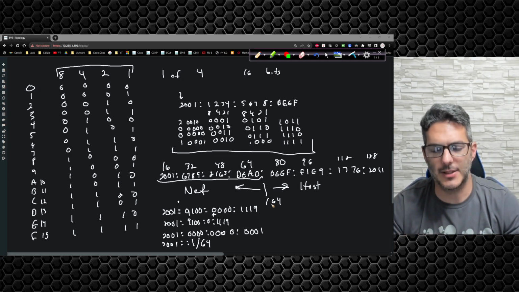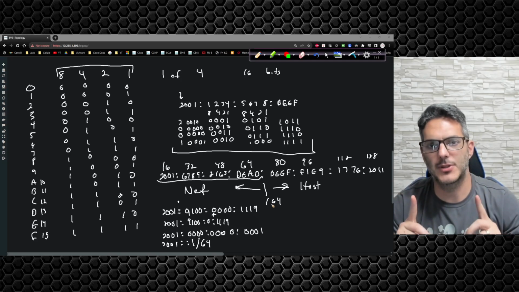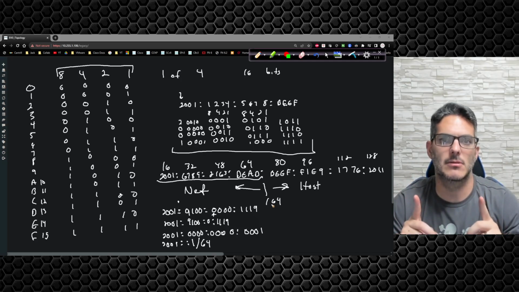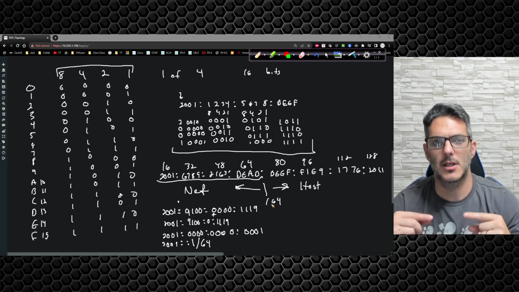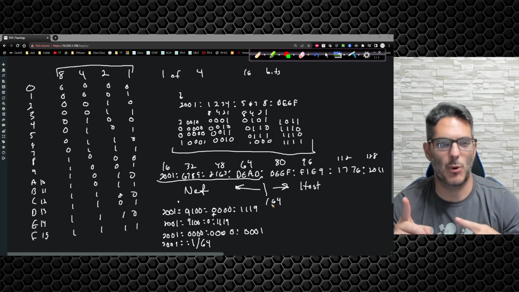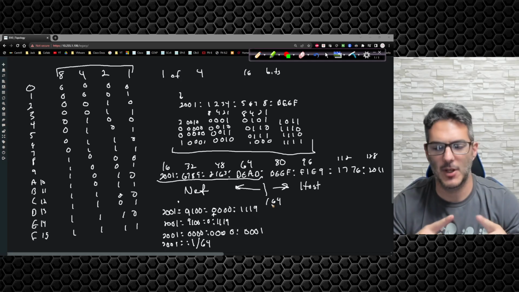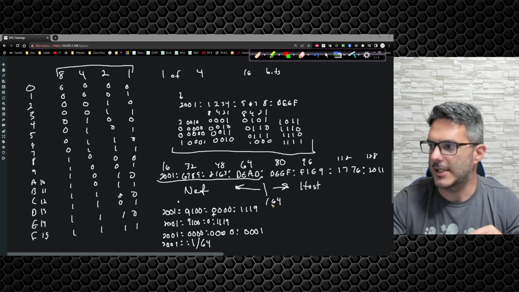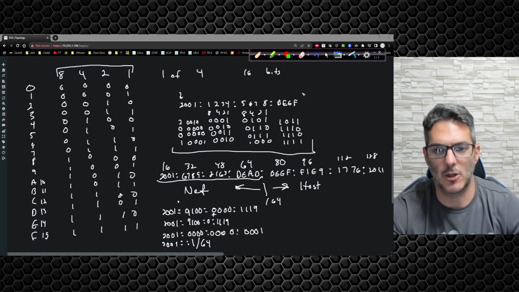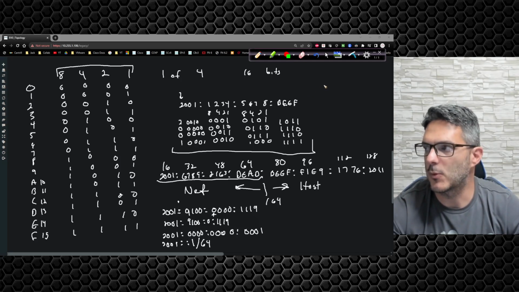What SLAAC does is it will take the 48-bit MAC address of the interface and use that as part of the IPv6 address.